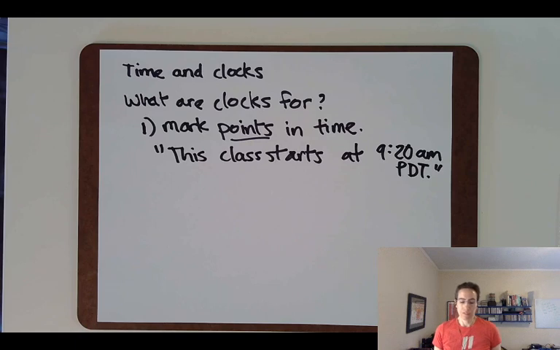Or this item in my browser cache expires on April 1st at 3 o'clock p.m. Or this error in the log file has a timestamp of March 13th, 11:56 a.m. So those are all particular points marked in time. So that's one thing that clocks are for.